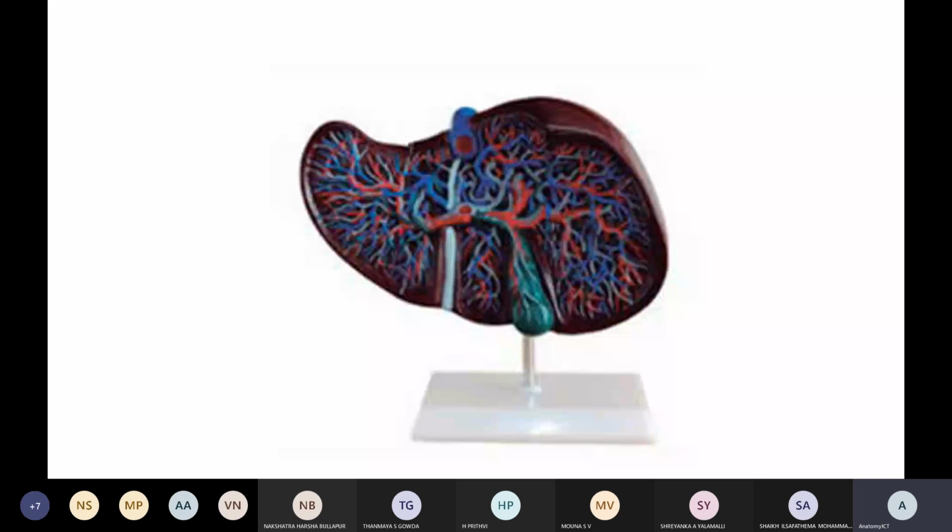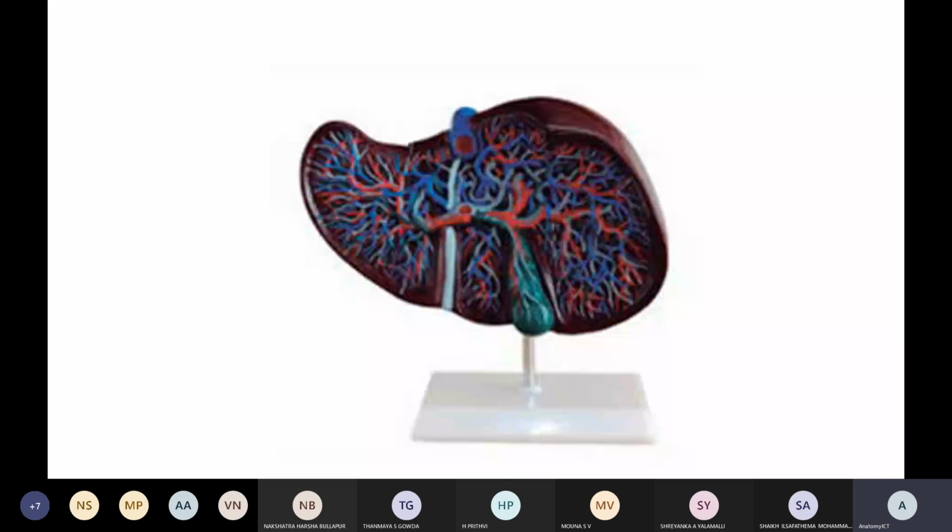Now the clinical correlations are important. The palpation of the liver is very important. A normal liver is not palpable per abdomen, whereas an abnormal liver can be felt along the right costal margin, in relation to the 7th to the 11th ribs. In an abnormal liver, the inferior border extends towards the umbilicus.